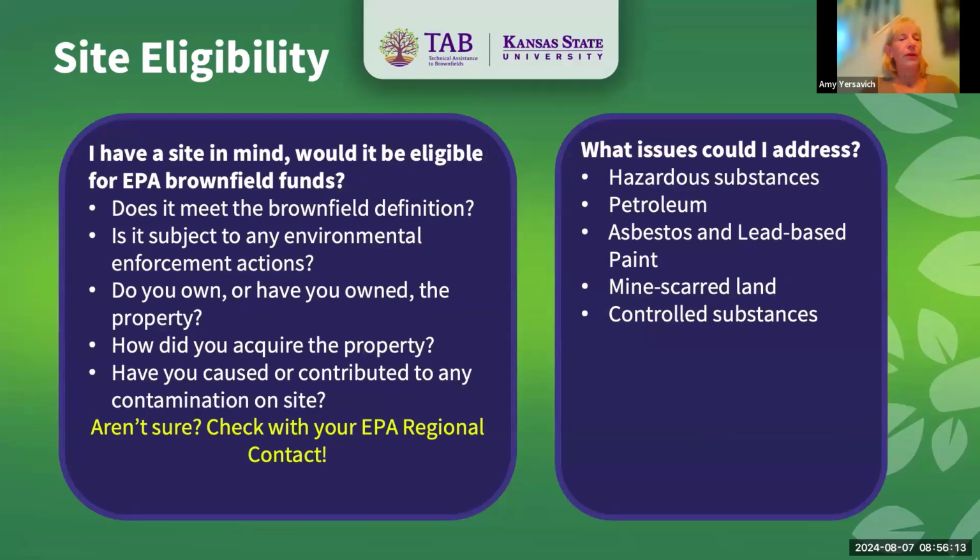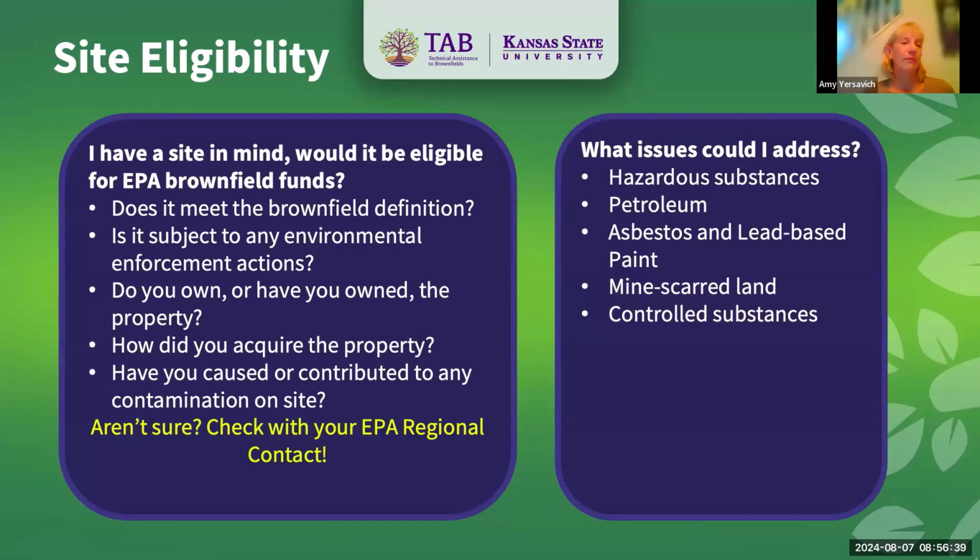So site eligibility. Some of the questions you may want to ask if you have a site in mind, or in the case of assessment grants, such as community-wide or state grants, you may have priority sites in mind, which Beth and I will talk about a little bit later on in this webinar. What you want to keep in mind is, do they meet the brownfield definition?